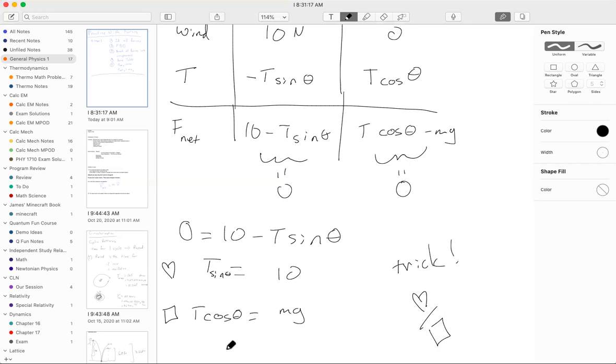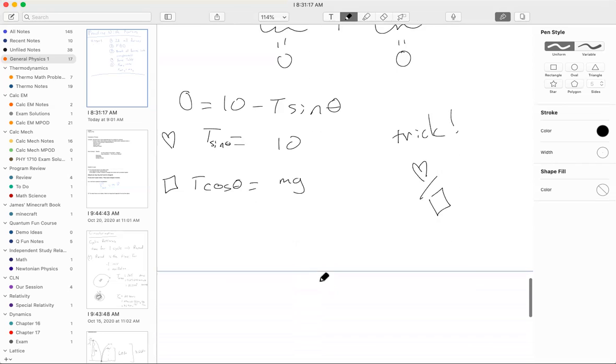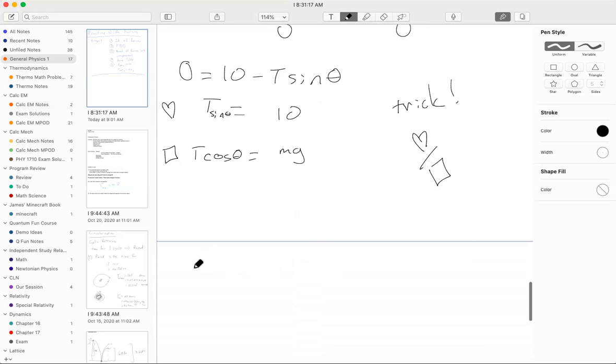So that means divide the left-hand sides and set it equal to the ratio of the right-hand sides. And if you do that, the tension divides out. So that would give us T sine theta divided by T cosine theta would equal the ratio of 10 divided by mg. And the T's cancel. Sine over cosine is tangent.